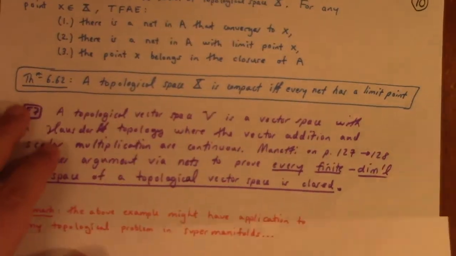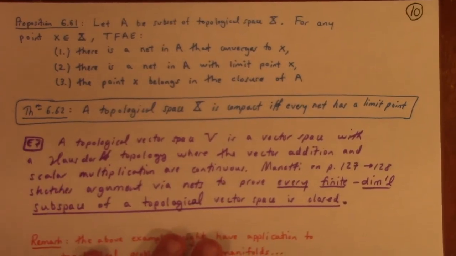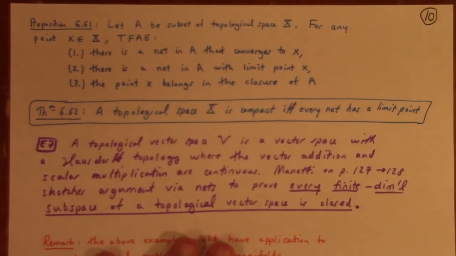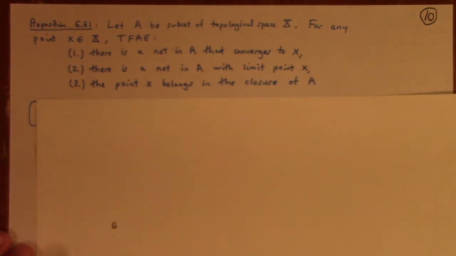And then finally, a few more facts to spit at you here. Proposition 6.61, let A be a subset of a topological space X, for any point X in X the following are equivalent.